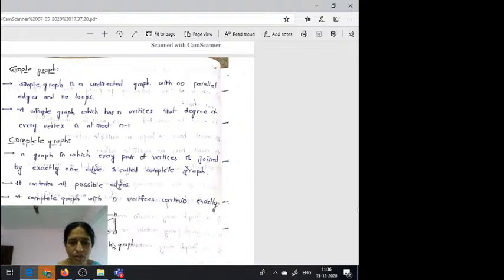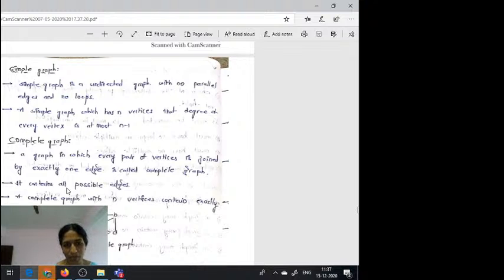That means edges in the complete graph. Here, instead of maximum, you can use the term total number of edges in the complete graph. Suppose it is an undirected graph, how many maximum edges are there? That is n into n minus 1 divided by 2.